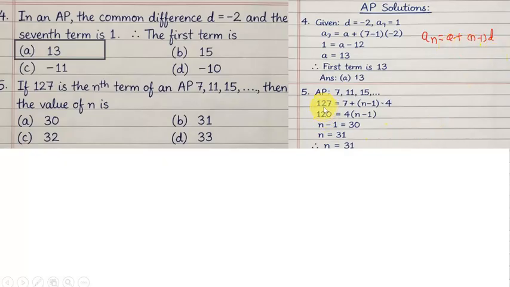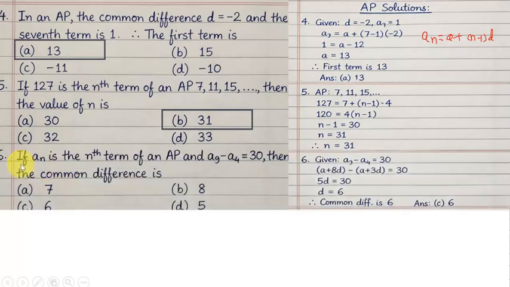Therefore here nth term is 127. a is 7 plus (n minus 1) into d. d is 4. Now shift this 7 to the left hand side. 127 minus 7 is 120, equal to 4 into (n minus 1). Now 4 is multiplied here. Therefore 120 upon 4 is equal to 30. n minus 1 is equal to 30. n is equal to 31. And hence option B is correct here.